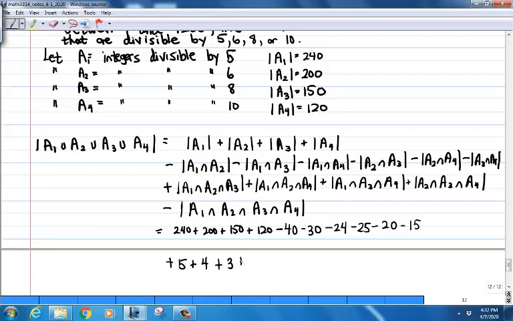And then finally, the last ones here, numbers divisible by 6 and 8 and 10. That's numbers divisible by 480. So numbers between 1 and 1200 that are divisible by 480. How many of those are there going to be?